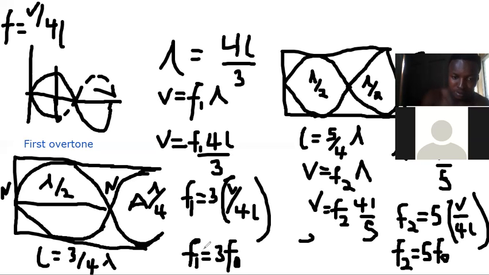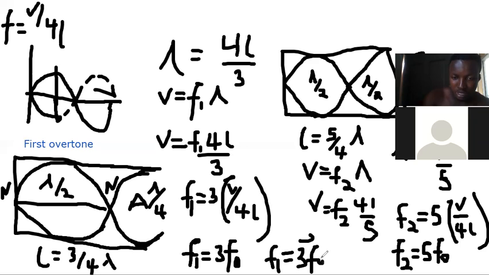So there's the first fundamental note, F naught. Then F1 will give us 3 F naught. When we want to write the series, we can write F1 as the first overtone, equal to 3 F naught.